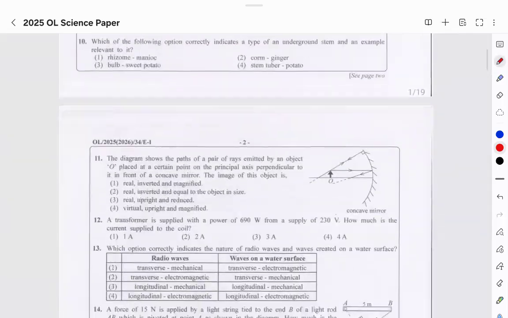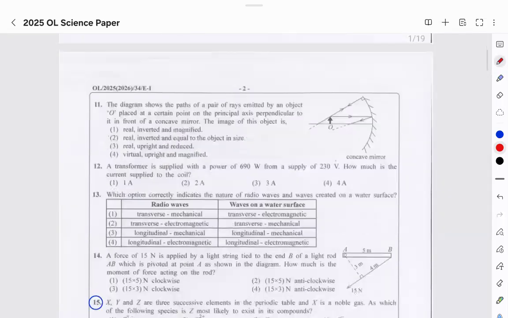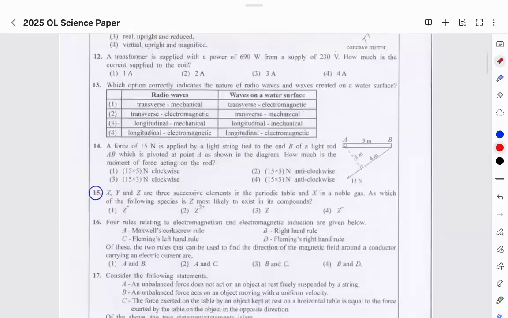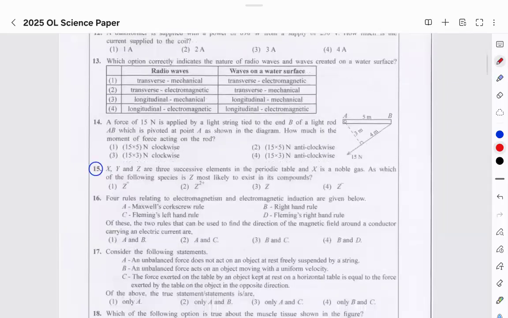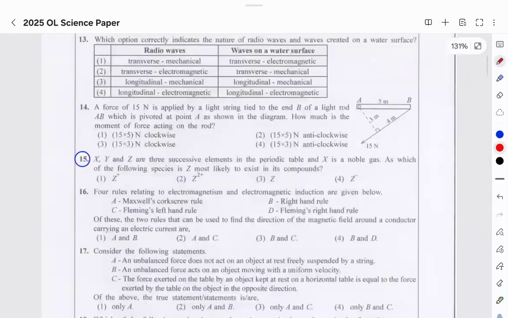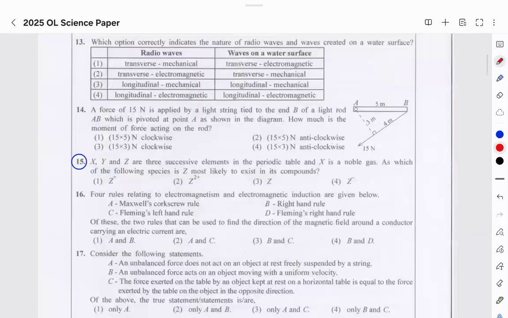So the next chemistry question that we have is MCQ number 15. What they have given here: X, Y, and Z are three successive elements in the periodic table, and X is a noble gas.